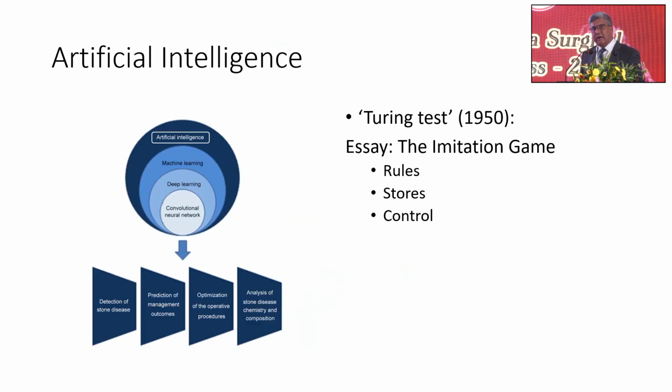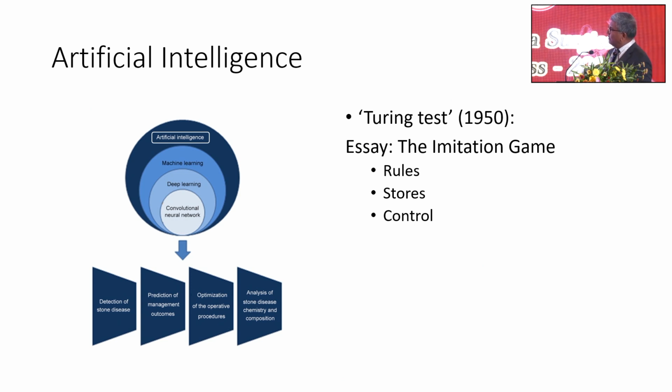Let's talk about artificial intelligence. Everybody's talking about AI nowadays. But what is AI? What is artificial intelligence? How did it all start? So some of you may have seen the movie called The Imitation Game.